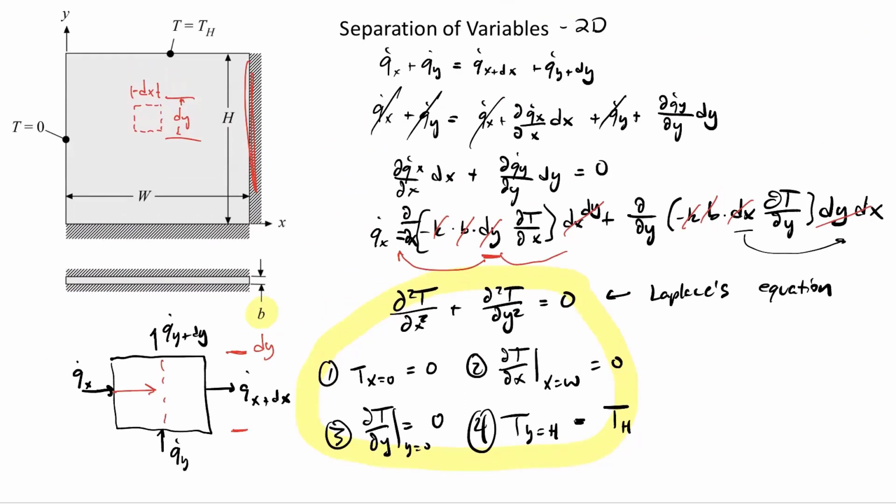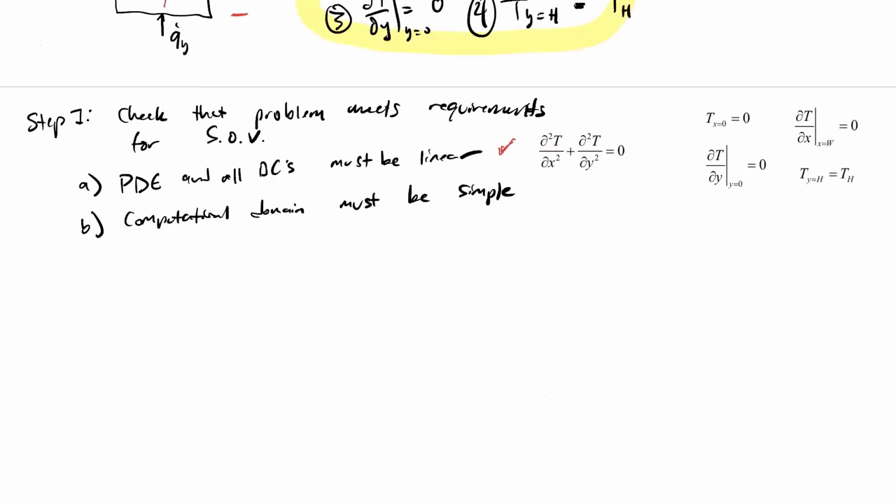It has the boundaries of the domain at x equals a constant value and y equals a constant value, whether 0 or L or H in this problem. So a simple domain just means that the domain falls along constant values of the variables. So a rectangle, or in the case of a cylindrical geometry, it would be like a cylindrical shell. You can't have like a tapered geometry or anything. That won't work.